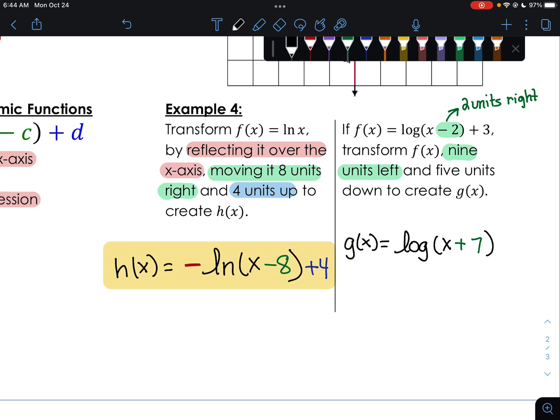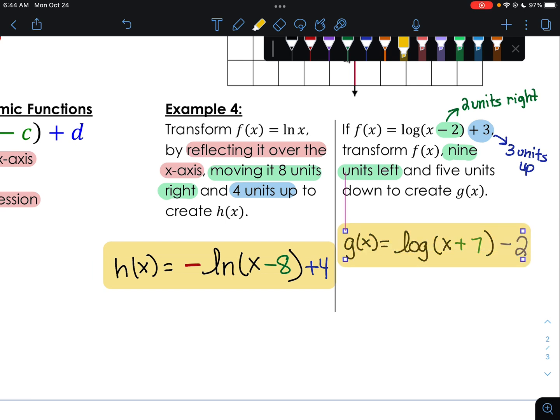Then we're moving this right here an additional 5 units down. Right now it's 3 units up. So if I'm trying to move it down 5 units, that means I have the 3 and then I only have 2 left, so it's going to be a minus 2 to get that right there.